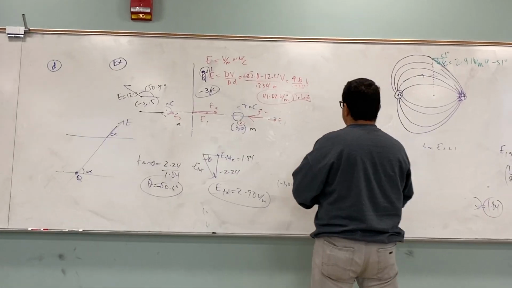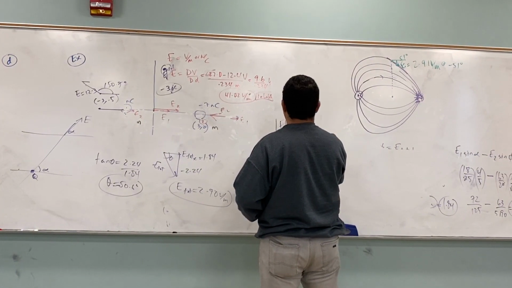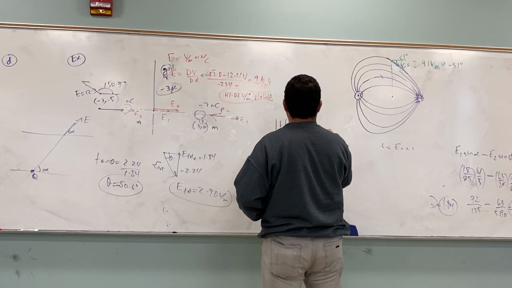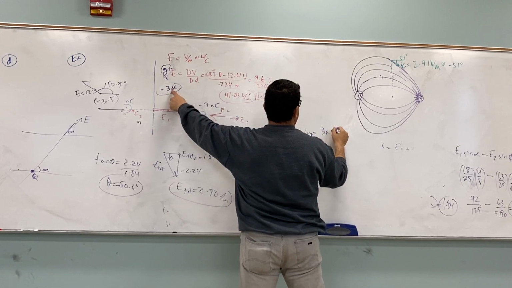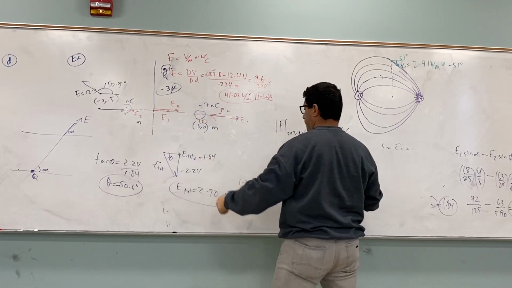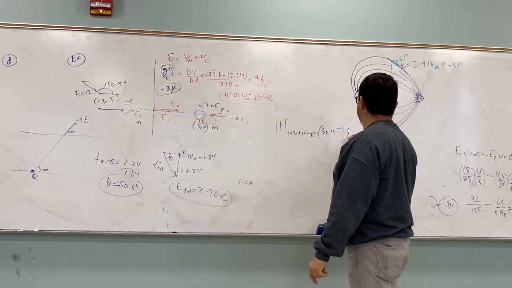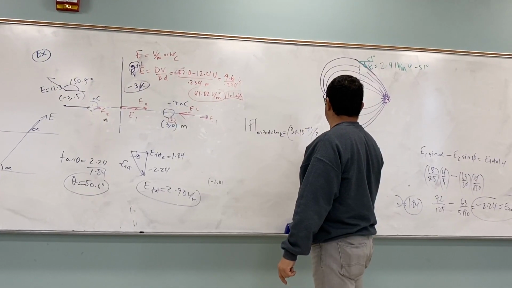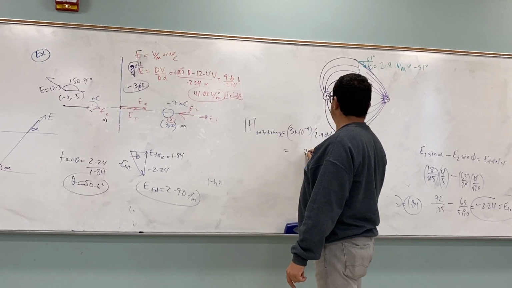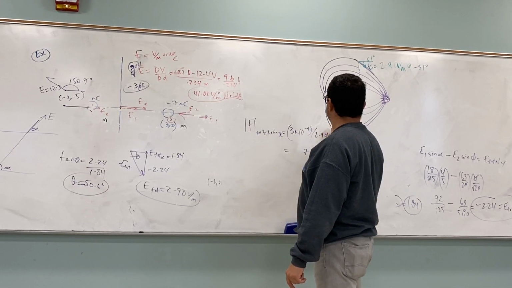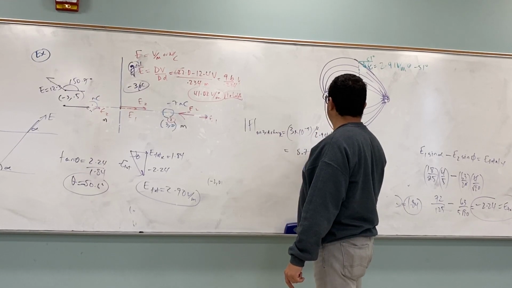So the magnitude of the force on the third charge will be what? Its charge is 3 nanocoulombs times the electric field there, 2.9 volts per meter. And what is that? 8.7 nanonewtons.